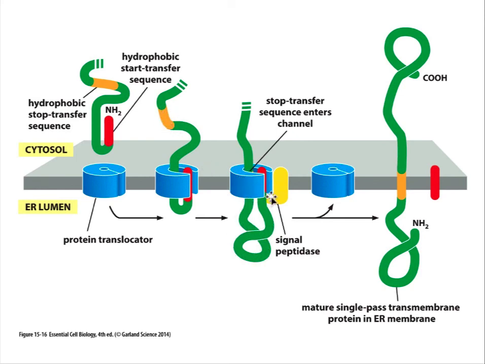Therefore, this loop of the polypeptide is extending into the lumen, and the rest of the polypeptide will be manufactured by the ribosome out here in the cytosol. And once the signal peptidase has done its job, the protein will be released in this fashion. So we can see the ammonia end and the carboxyl end sitting in the membrane in that orientation. Thus, here we have a single pass protein with this amino end facing the lumen of the organelle.